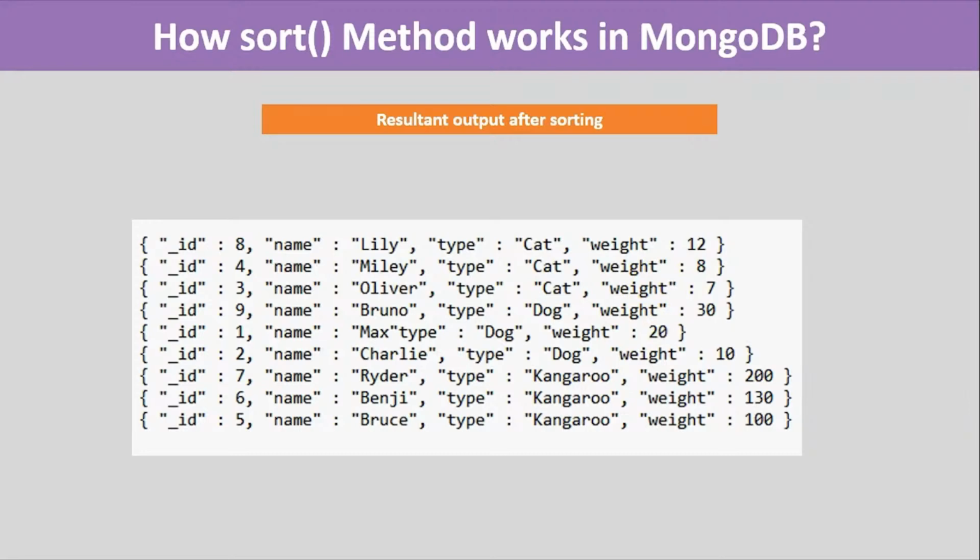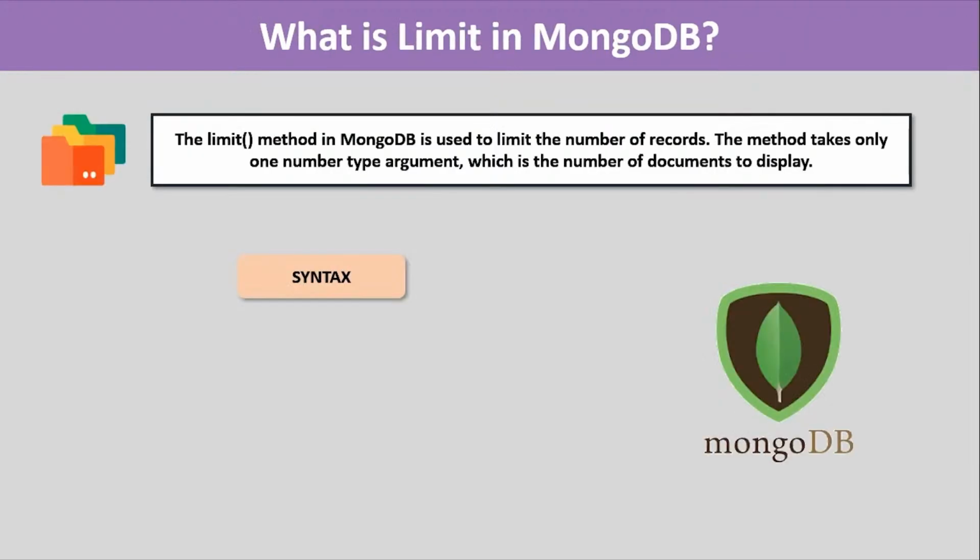So without having a sort field on a unique field such as the ID field, it would be entirely possible that the result would come back in a different order each time we run the query. So I hope you understood how the sorting works when we want to sort multiple fields within a document.